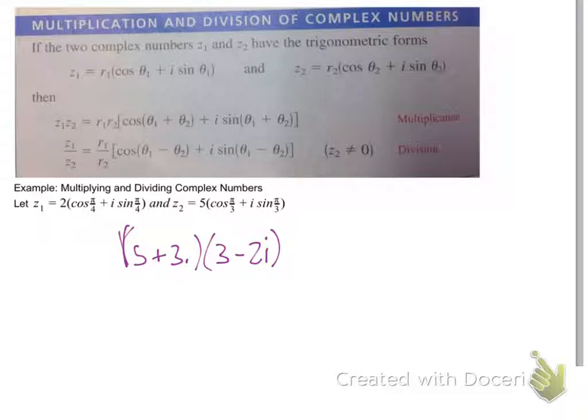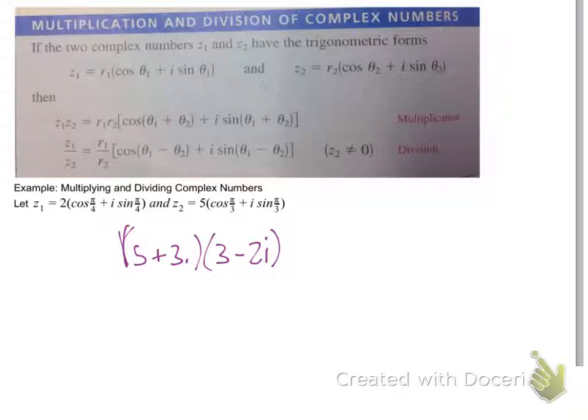Those are complex numbers, right? And if I asked you to multiply those, you would just FOIL those together, gather up like terms, i squared becomes -1. We're all happy, but here's the thing: look at our example there, they're in trig form.